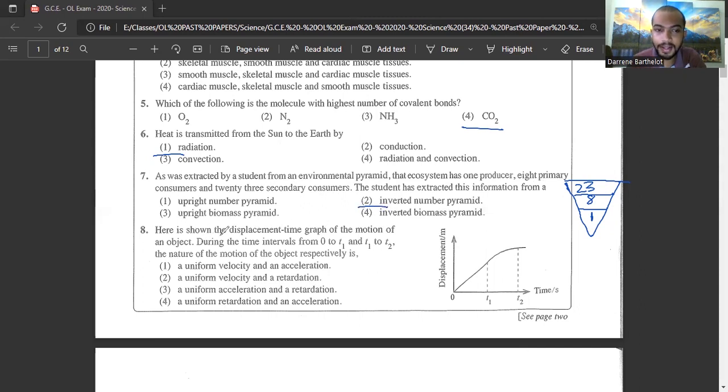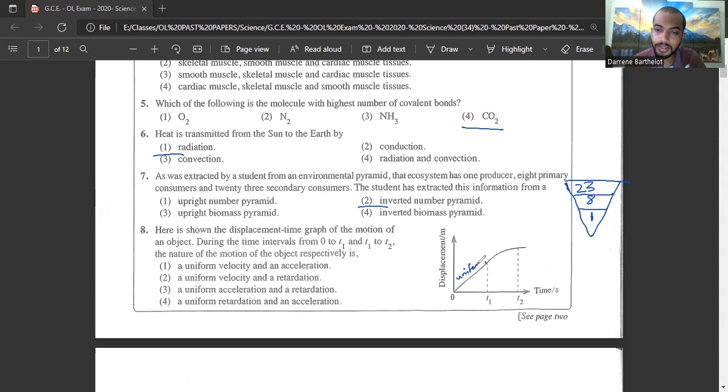Then question number 8. Here is shown the displacement-time graph of the motion of an object during the time interval from 0 to t1 and t1 to t2. The nature of the motion of the object respectively is? Until t1, there's a straight line. If it is a straight line, it should always be uniform velocity.